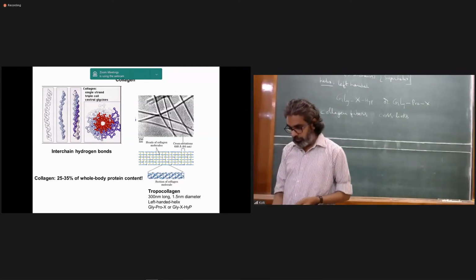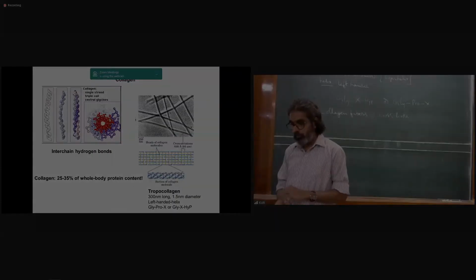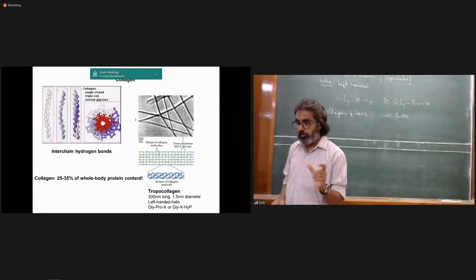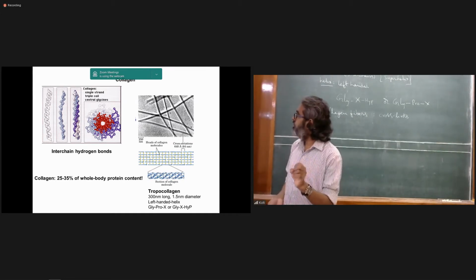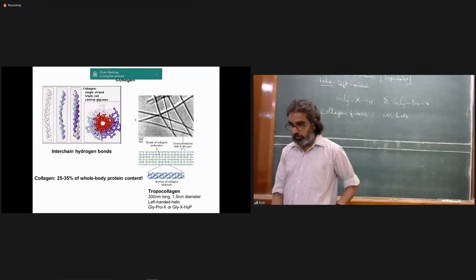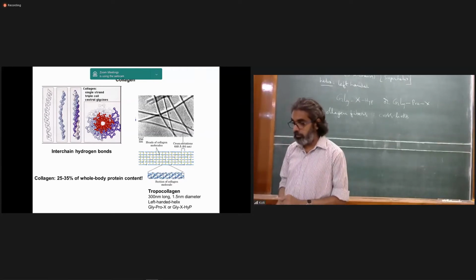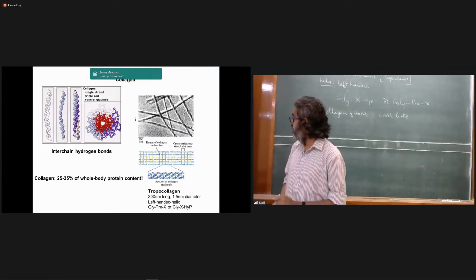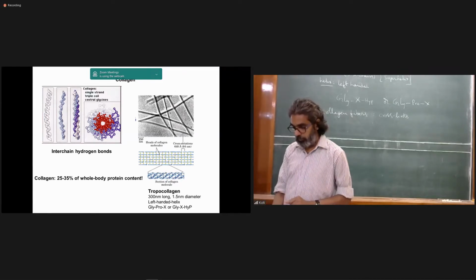Very interestingly, these individual chains are called tropocollagen, and if three chains form a triple coil, then it is collagen. These are really long. It can be as long as 0.3 micron, and the diameter is about 1.5 nanometer.